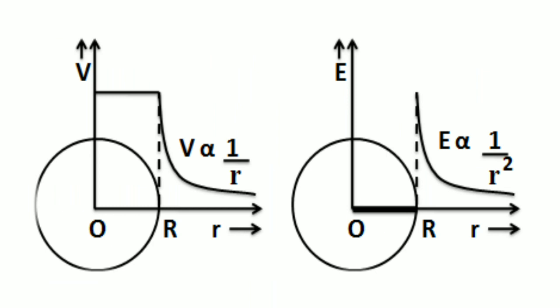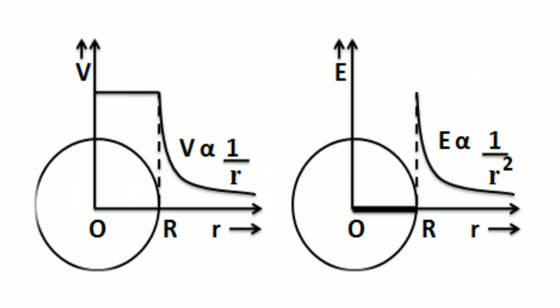And this is the variation of potential with respect to distance and electric field with respect to distance. The second picture I already mentioned in the last application of Gauss theorem. From 0 to r, the electric field was 0 because it is inside the shell. Just compare with the left side picture: from 0 to r, potential is constant. So wherever electric field is 0, the potential becomes constant. You should study that, because electric field is equal to minus dV by dx, we studied.